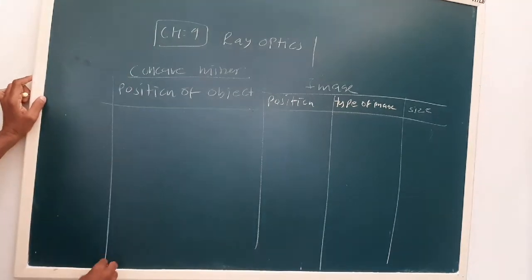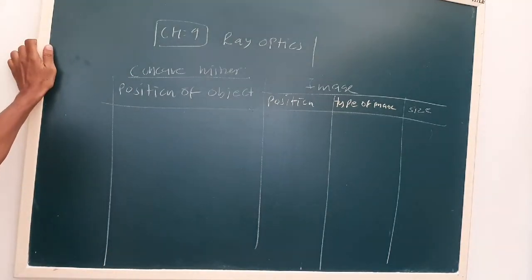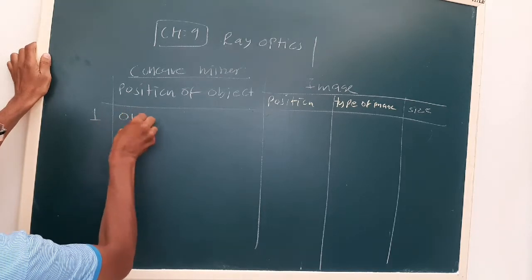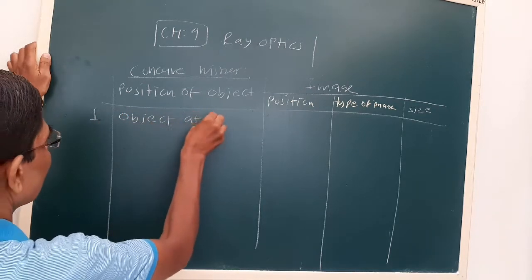So for a concave mirror, there will be six different positions. Let us say the first one, the object at infinity.